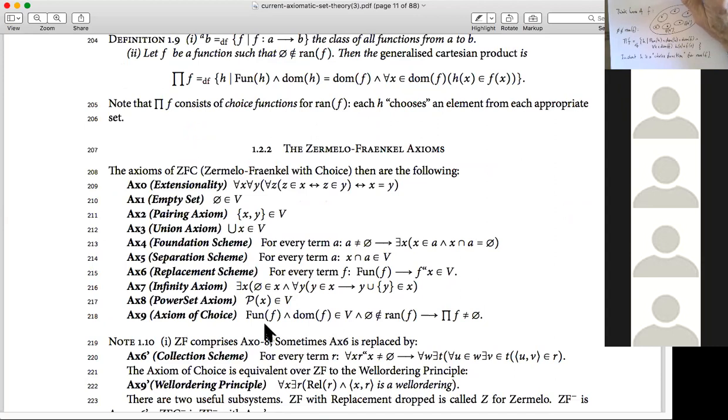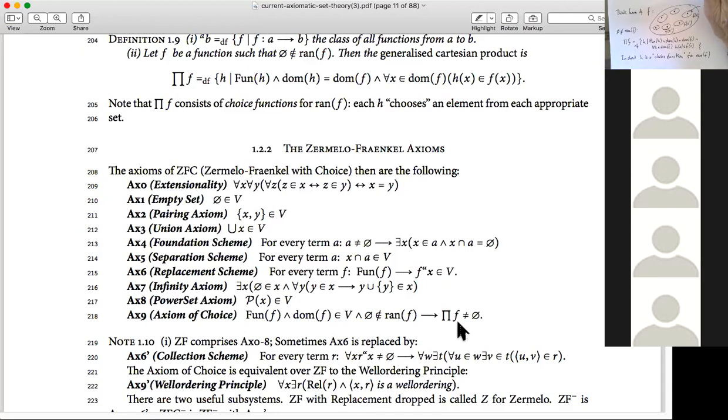We wanted to say that every collection of non-empty sets has a choice function, and that's really just what this says. Suppose I've got f as a function, and its domain is a set, and the sets in the range of f are all non-empty, then there's a choice function.